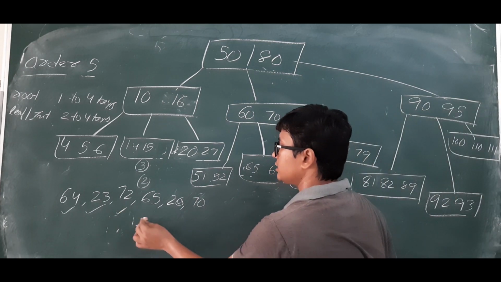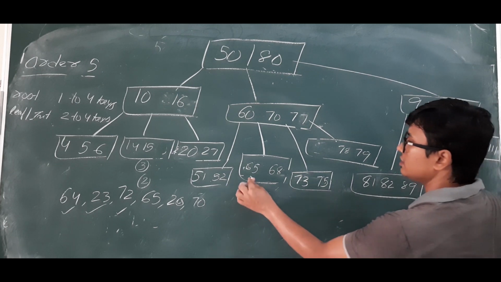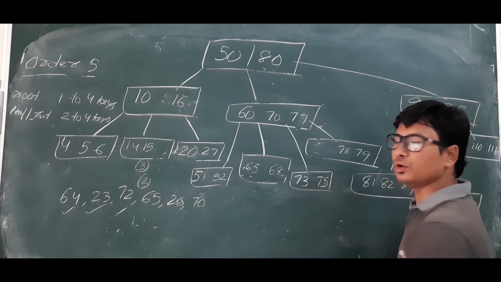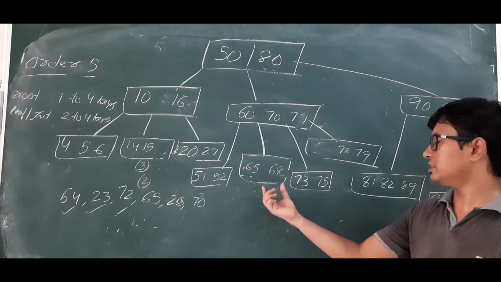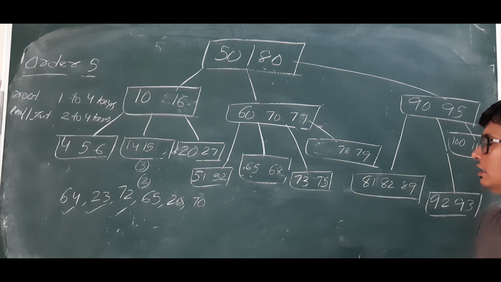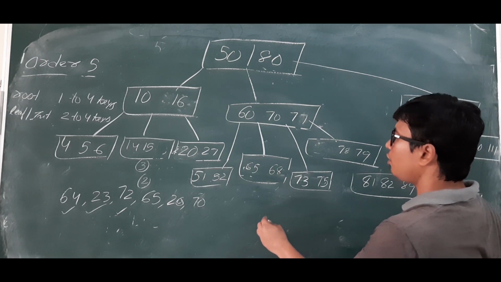Okay. In the next one we have to delete 65. Where is the 65 is there? 65 is here. Now can I delete it? No, I cannot delete, because it is having the minimum number of keys. If it is minimum number of keys, if I delete 65, it will go for the underflow condition. So what I have to do?